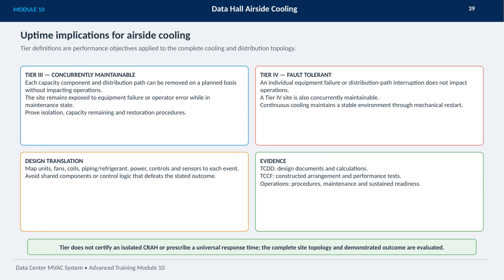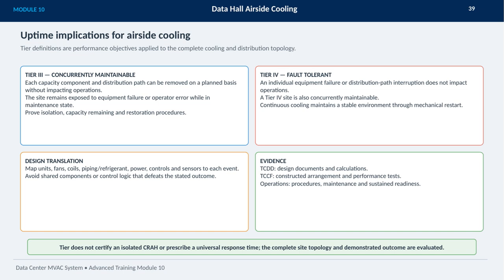Tier 4, on the other hand, is fault-tolerant, ensuring that an individual equipment failure or distribution path interruption does not impact operations at all. It also incorporates concurrent maintainability and uses continuous cooling to maintain a stable environment, even through mechanical restarts. When designing these systems, it's critical to map all components, like units, fans, coils, piping, power, controls, and sensors, to specific events and avoid shared components that could undermine reliability.